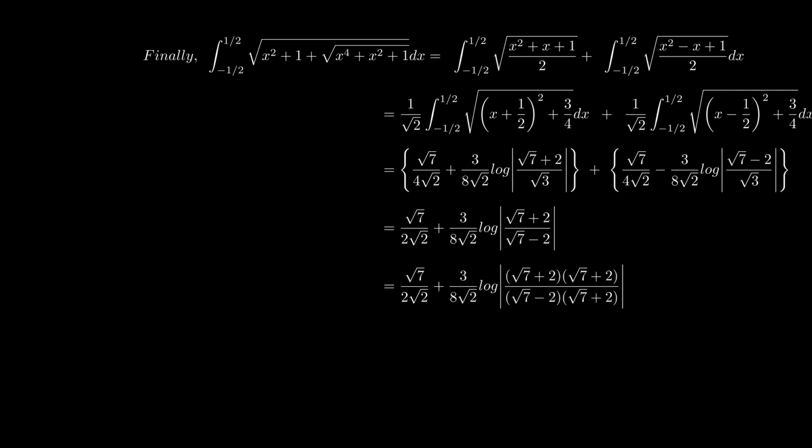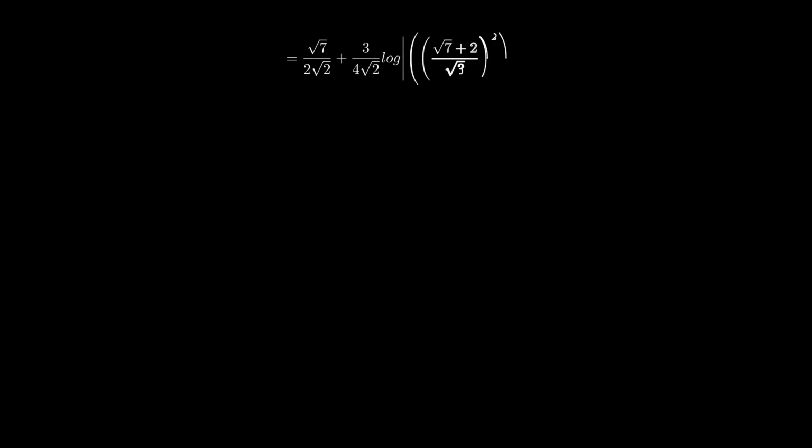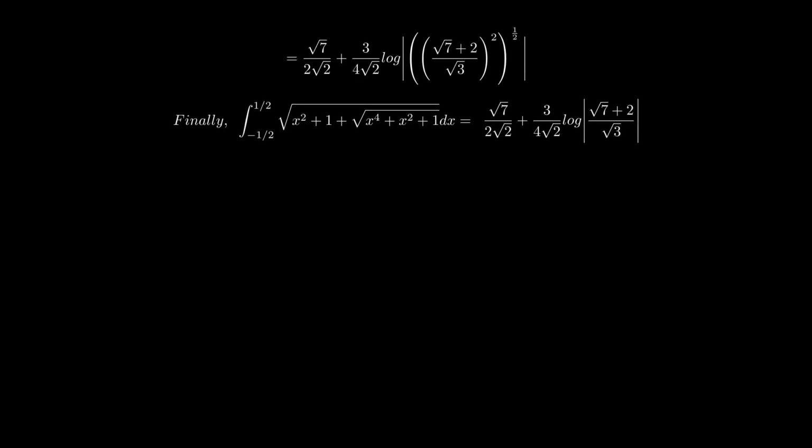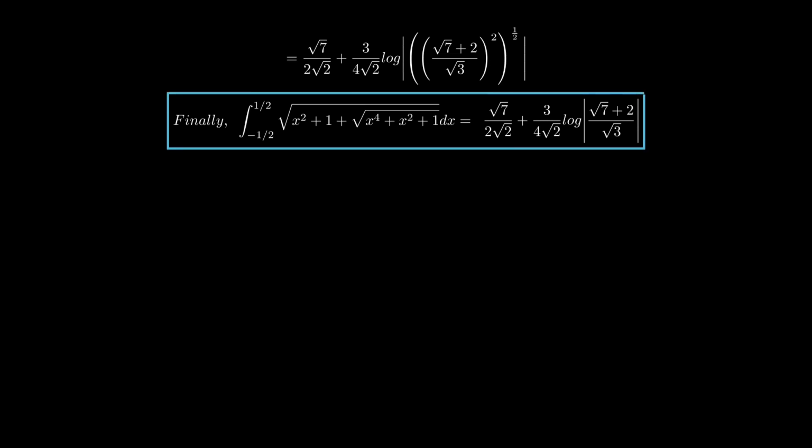And then if we multiply the numerator and the denominator by the same value of square root 7 plus 2, we get the square of root 7 plus 2 over root 3, and then we take half out so that we get the square root, and finally we get the answer as being root 7 over 2 times root 2 plus 3 over 4 root 2 log of square root of 7 plus 2 over root 3. And that's the final answer. Very interesting problem.